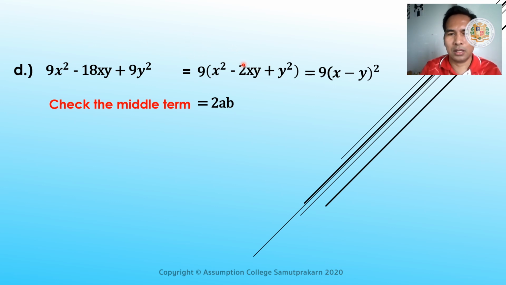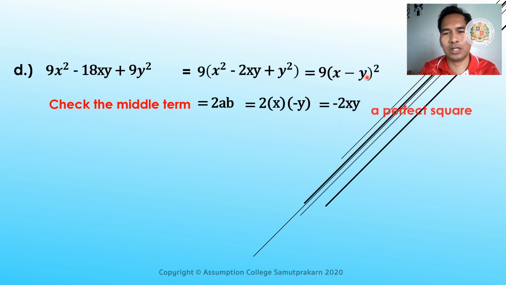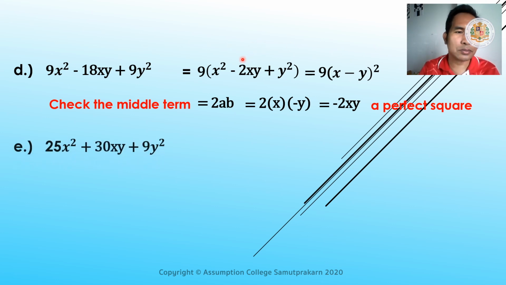So, 2 times x times negative y. Okay, what is 2 times x? 2x, times negative y is negative 2xy, so therefore a perfect square. So your answer is correct. It complies, negative 2xy.